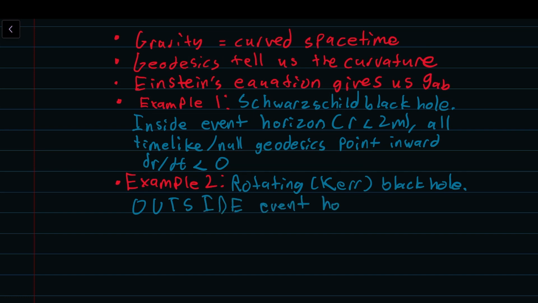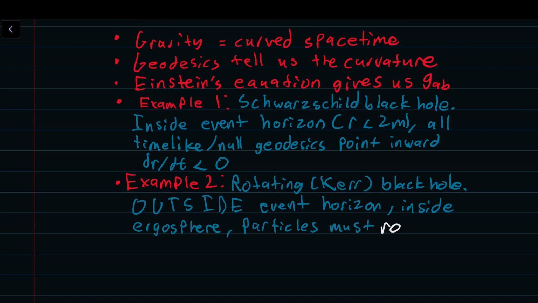So we looked at something outside the event horizon, that is something you could come back from, but inside this ergosphere, which was another radius contained outside the event horizon. We looked at a particle trying to remain stationary or rotating against it. We saw it couldn't do that if it's inside the ergosphere. So in the ergosphere, everything that is a particle or a photon, massive particle or a photon, must rotate in the same direction as the black hole.